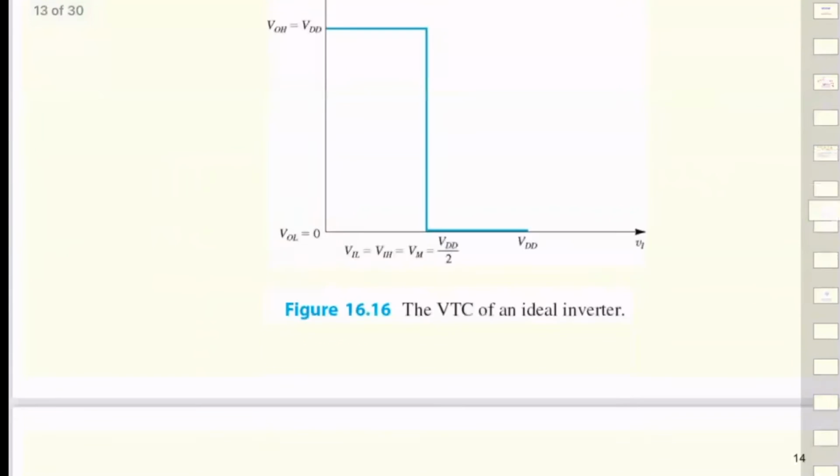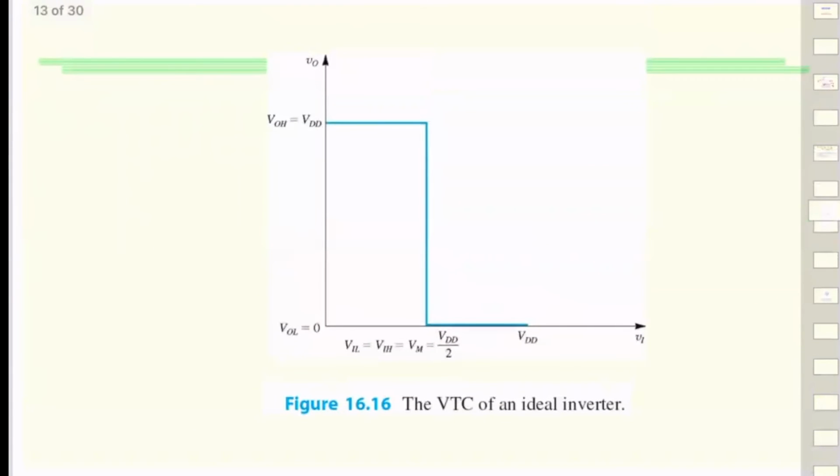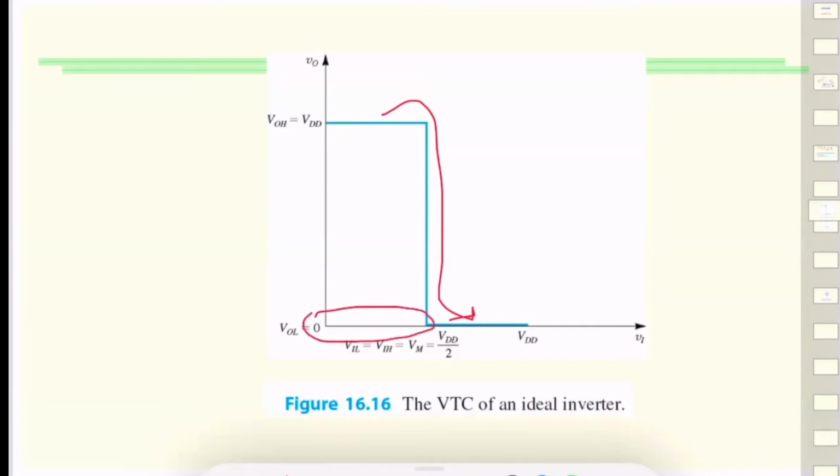So having said that, this would be the transfer characteristics of an ideal inverter. And this is where the swing is maximized, which means that we are making as quick a swing as possible. And we also have a larger noise margin here.